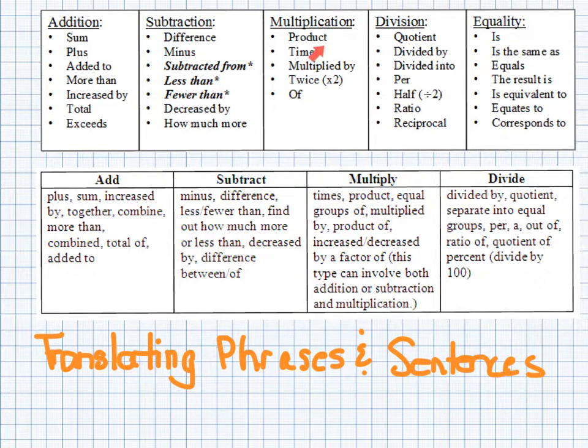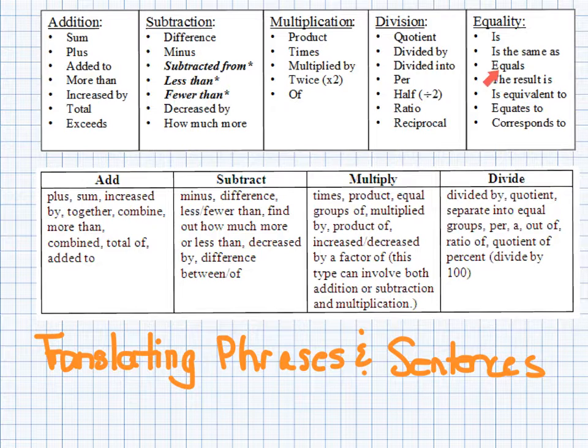Multiplication, we have product, times, multiplied by, twice, and it'd be x2 of. Division, what's the quotient? It's the top number on a fraction, and a fraction is a division problem. Divided by, divided into, per, half, ratio, reciprocal.